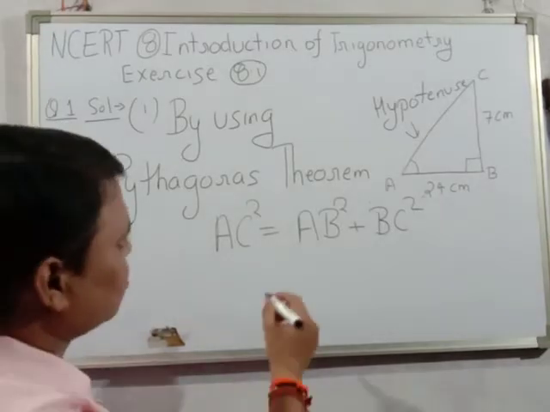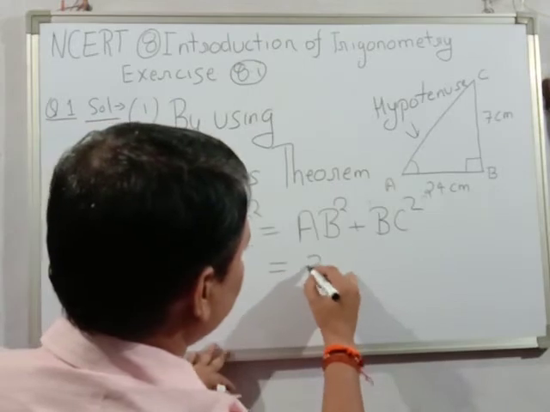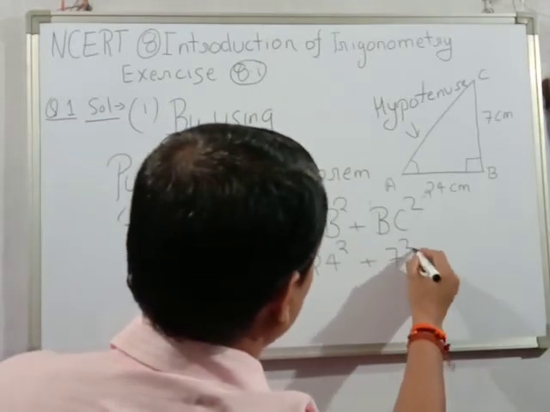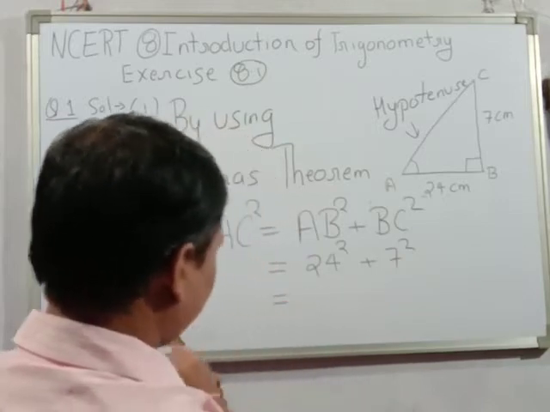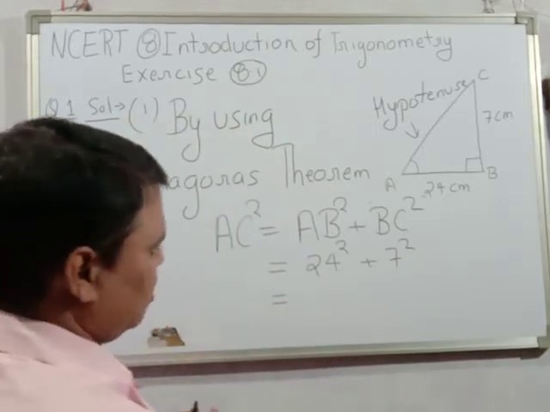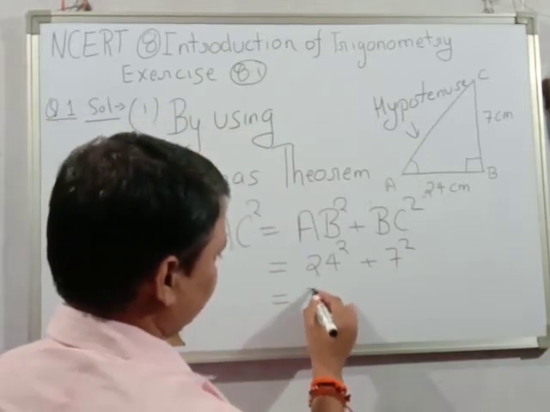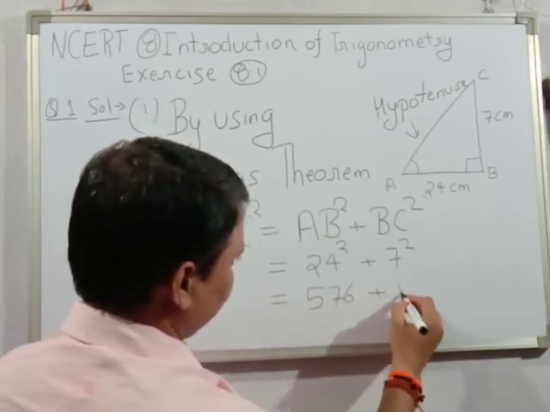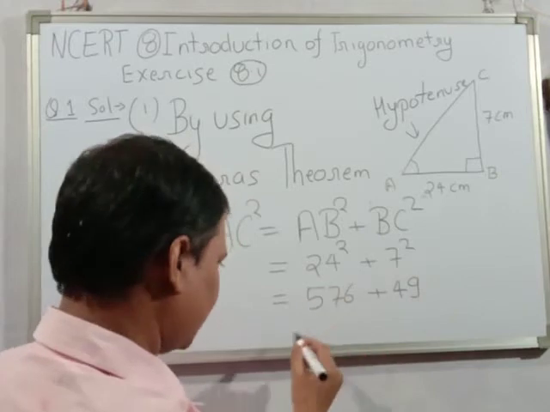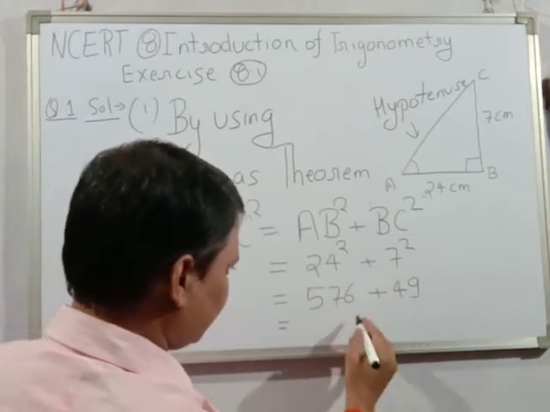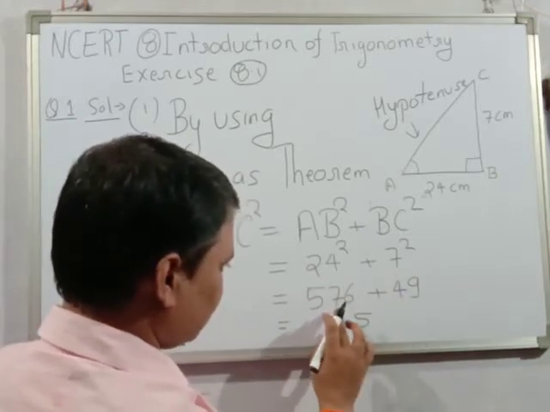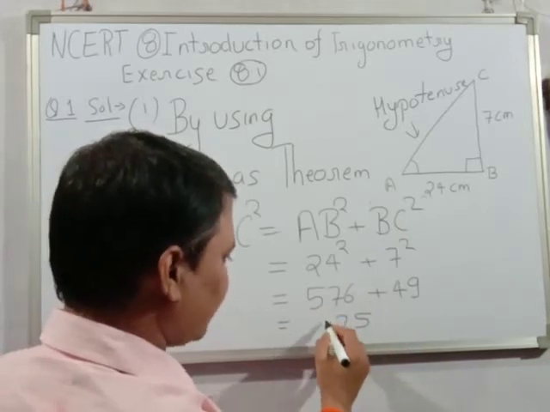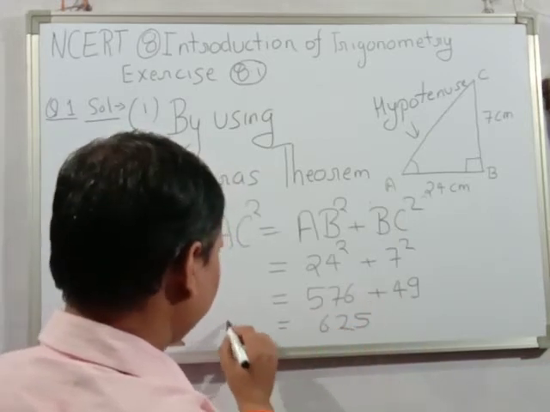Find AC square. AB is 24, 24 square plus 7 square. 24 square is 576. 7 square is 49. 9 plus 6 is 15, carry 1; 7 plus 4 is 11, 12, carry 1; 5 plus 1 is 6. 625.